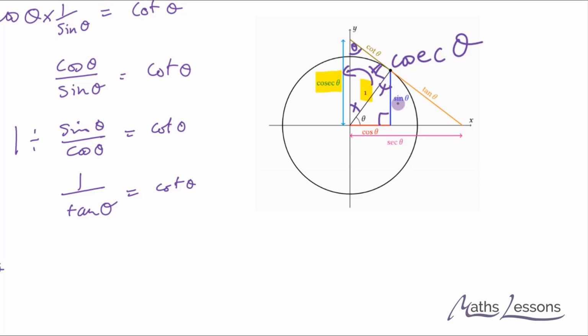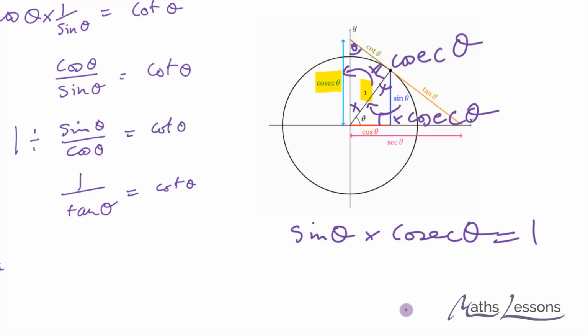And we're going from sine to 1, so we're going from this small triangle to this bigger triangle. We're timesing by cosec theta again. So sine theta times cosec theta will equal 1. So cosec theta must equal 1 over sine theta.